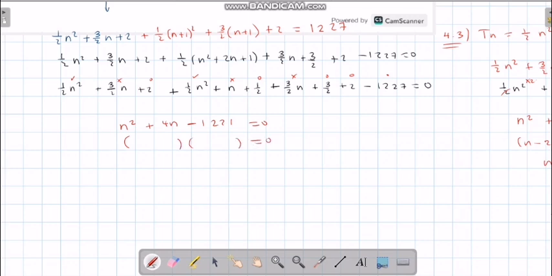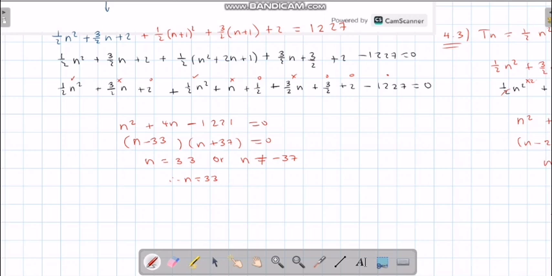Okay, pause the video and substitute. So now our first answer is 33, so it was n minus 33. And the other one is negative 37, so it was n plus 37. Therefore n is equal to 33, or n is equal to negative 37. But you know that n cannot be negative. Therefore our n is 33.